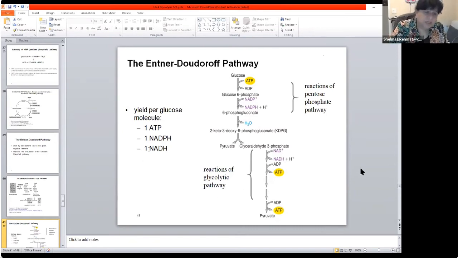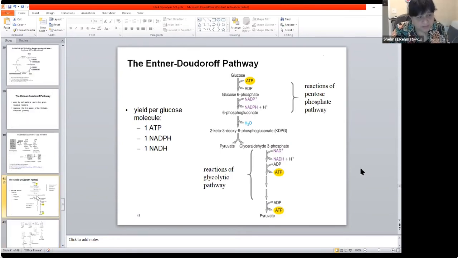The yield becomes a little less here. In the Entner-Doudoroff pathway, you only yield 1 ATP, and you also generate 2 different types of electron carriers, NADPH one of them, and one NADH. So definitely the outcome is very different in these very unique bacteria that are inhabitants of soil, and they use this Entner-Doudoroff pathway.